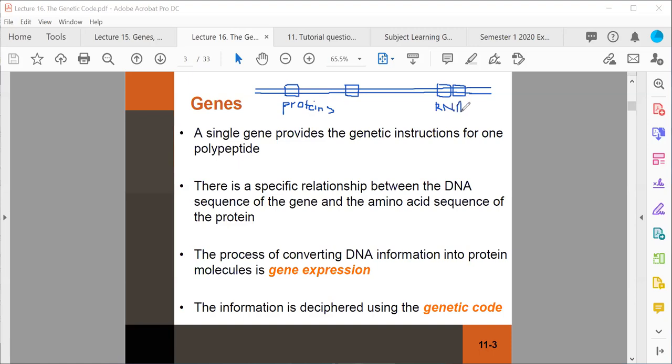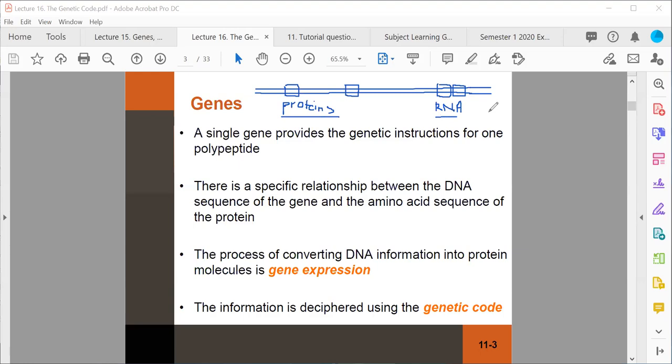They don't actually code for proteins, but they do code for RNA molecules. So a really good, simple definition of a gene is a specific region of DNA that encodes some functional product, whether that product is a protein or various types of RNA molecules.